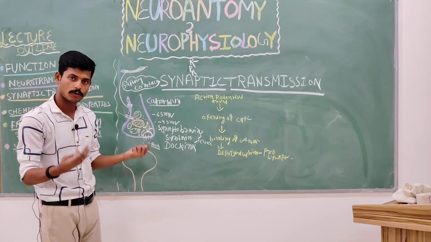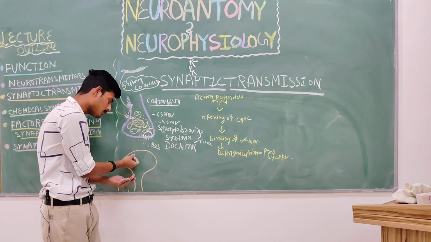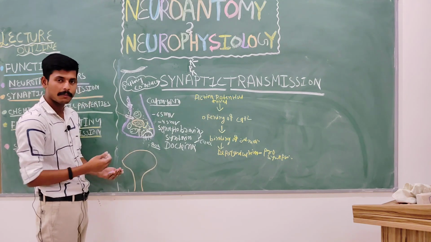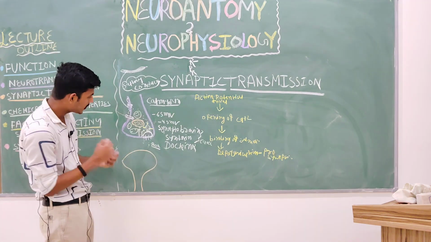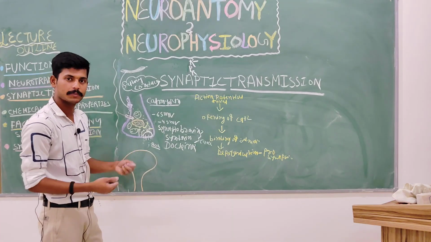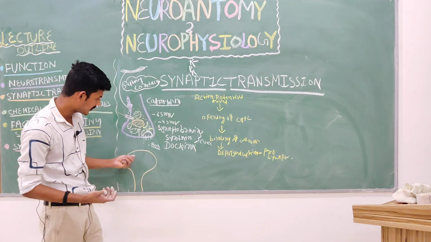Now what is the next process? The next process is we have to talk about this membrane. What is special in this postsynaptic membrane, which is waiting for the arrival of acetylcholine to start its function, start its business?